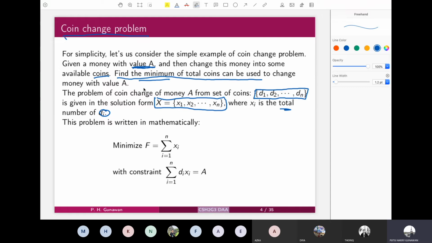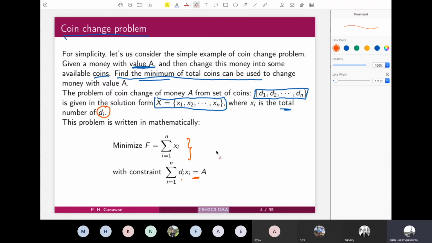The problem is written mathematically like this: you want to minimize the sum of xi, with the constraint that the sum of the denominations times the solution should be equal to A, since that is the money you want to change. If you add all of the coins that you got, it should equal A.